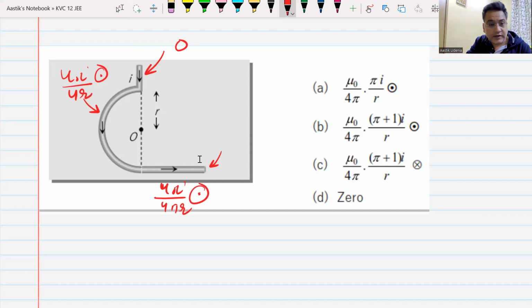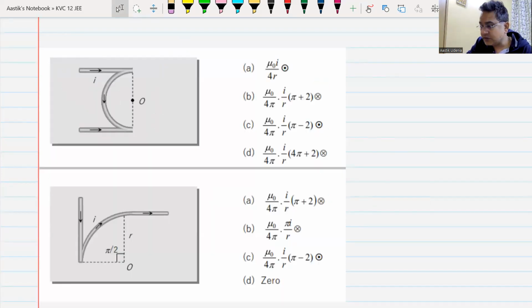Well done. Come the next two questions. I am putting both the questions on the screen. I'll give you 2 minutes to give me the answer fatafat. So, what is the answer for the first one? Magnetic field due to this wire and magnetic field due to this wire, they will be same, yes or no?